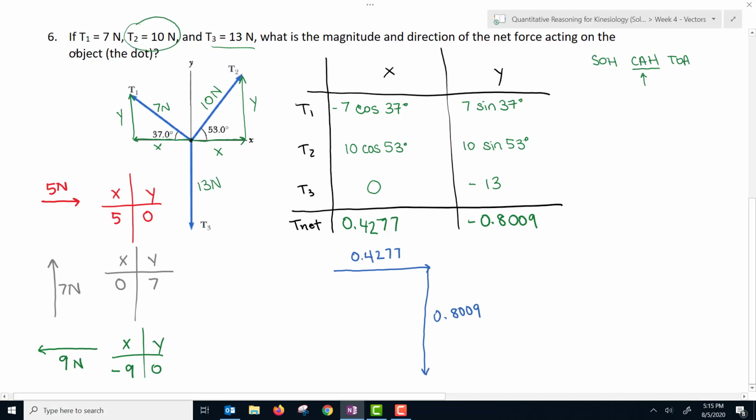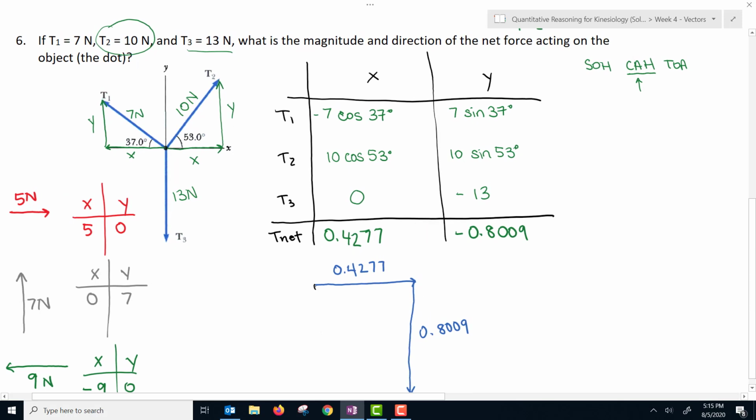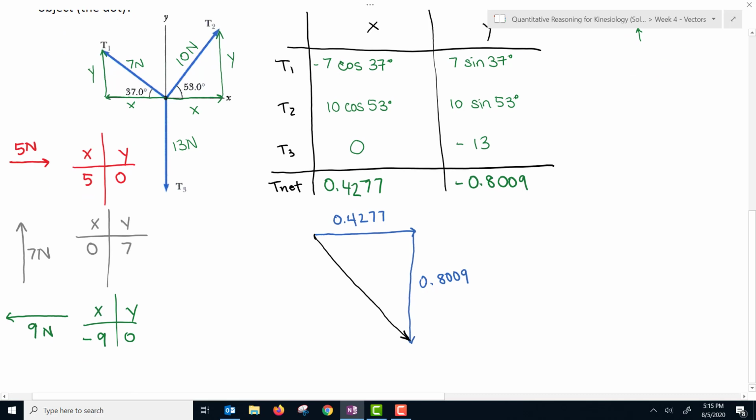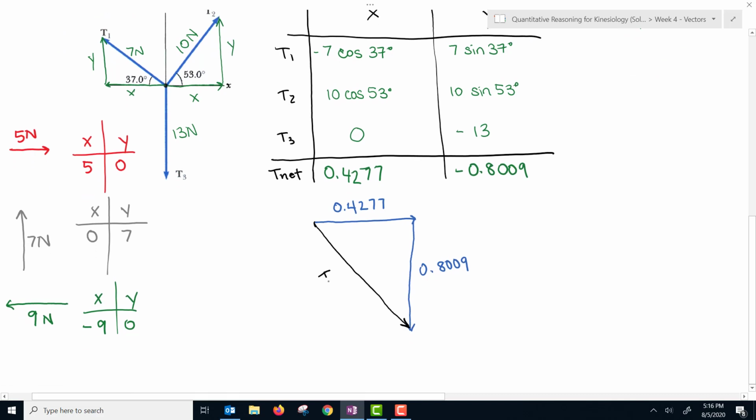Now I'm going to draw the resultant. The resultant always begins at the beginning of the first vector, so right here, and ends at the end of the last vector. So it goes like this. This one I'm going to call T net. Okay, so if I'm looking for T net, now this is a 90-degree angle because we have x component, y component, those are perpendicular to each other.